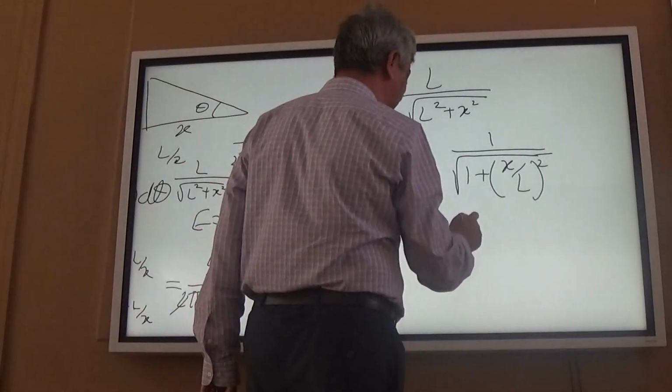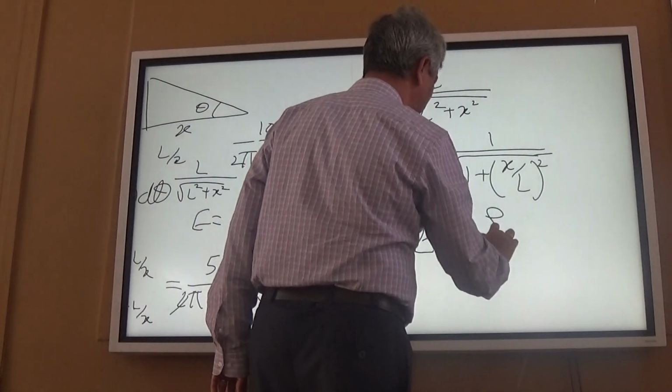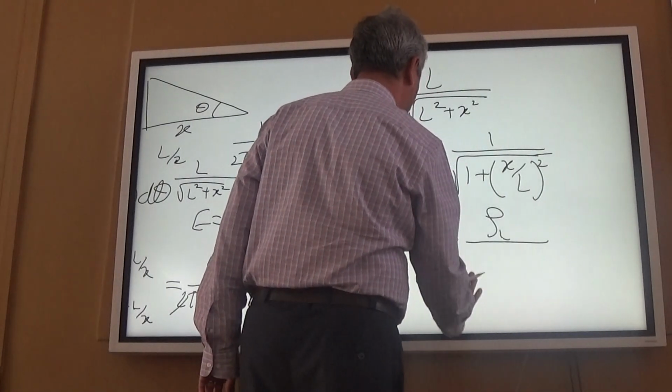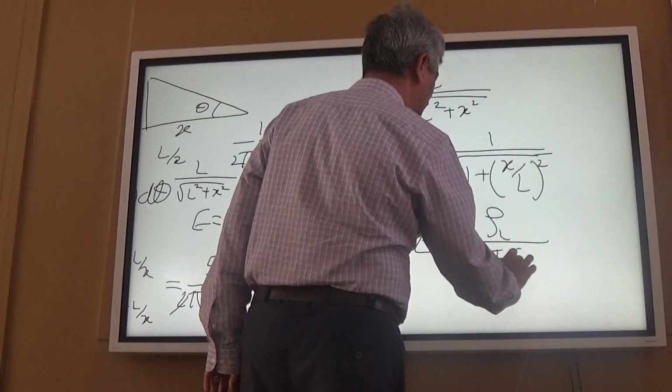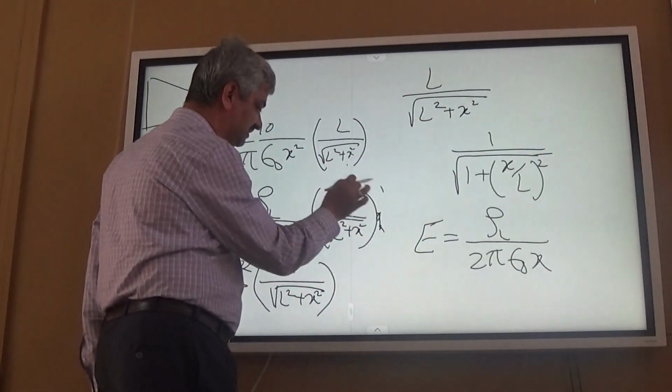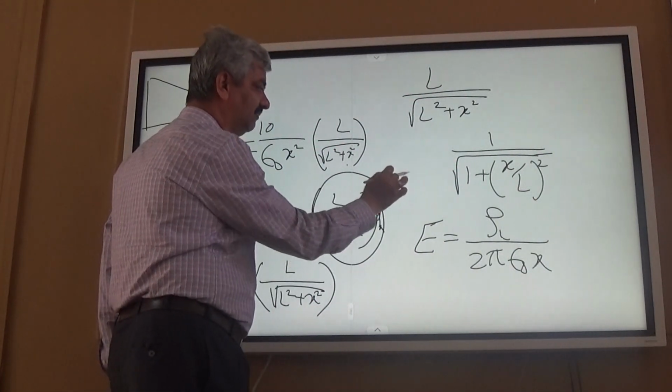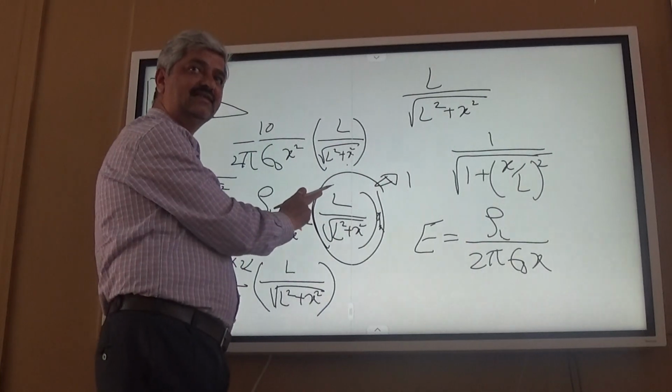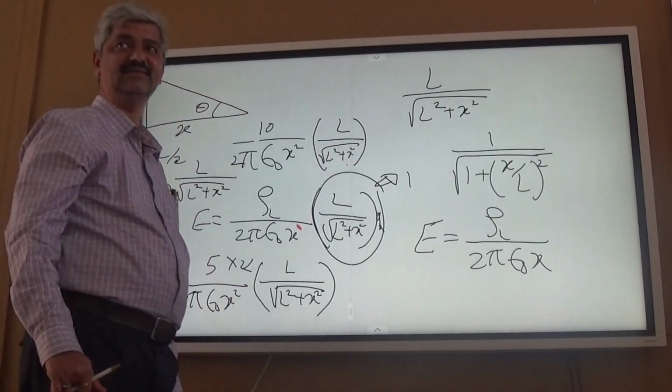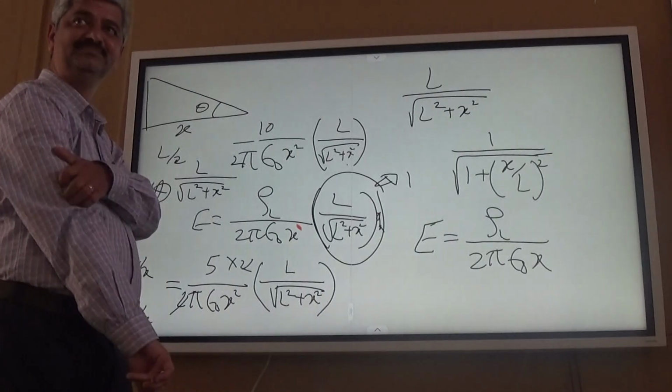The final answer E for infinite charge is rho L upon 2 pi epsilon naught x, and this bracket becomes 1 when L is infinite. Right?